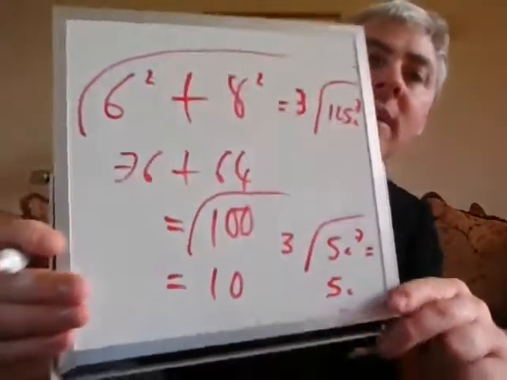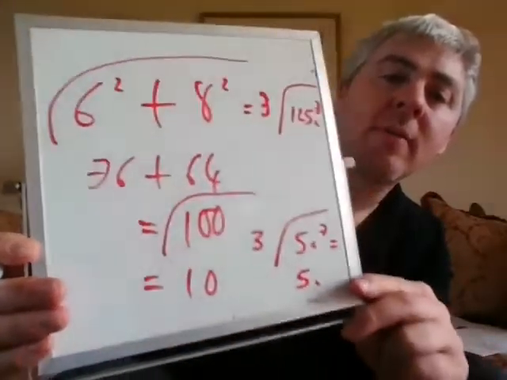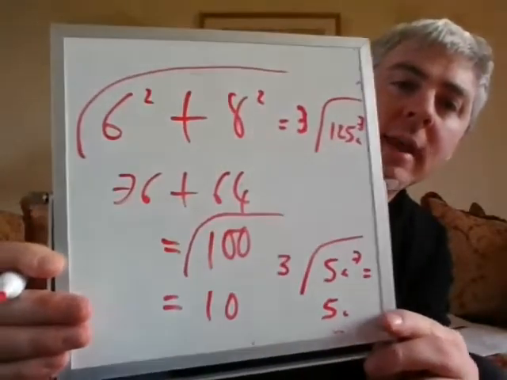So that's 5a there. And I'll tell you why it is, because 5 times 5 is 25, and 25 times 5 gives you 125. So that's what you do there. So it's 5 times 5 times 5. That equals 125.